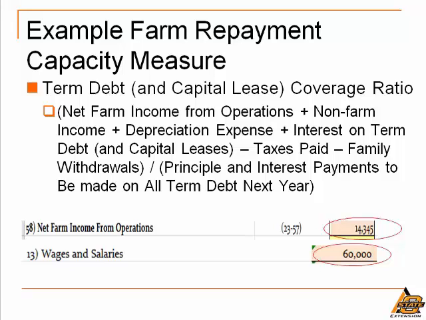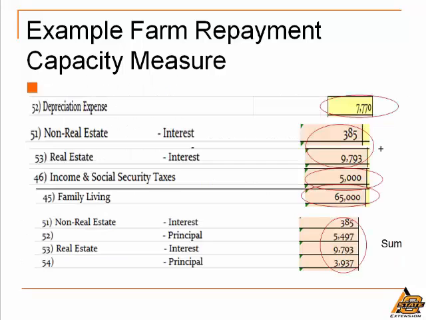We start with the net income from the farm off the accrual income statement and add non-farm wage and salary income from the cash flow. We can add true management depreciation expense back to net income because it's a non-cash expense, so that cash would be available, and we also add interest expense from the accrual income statement.